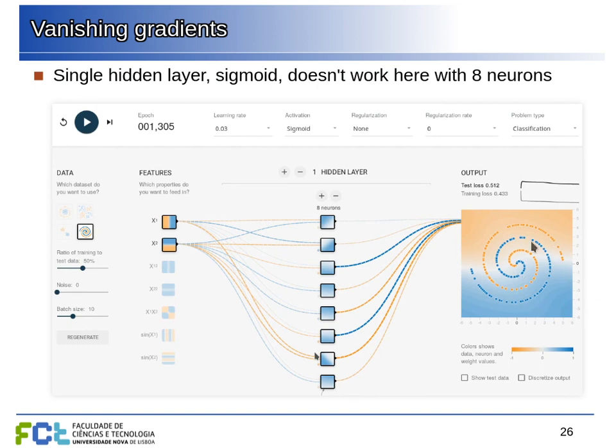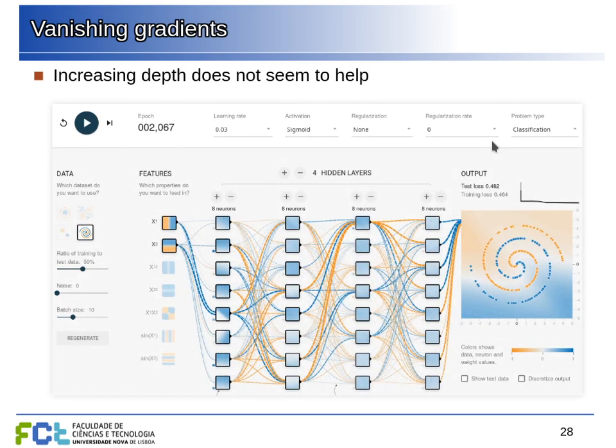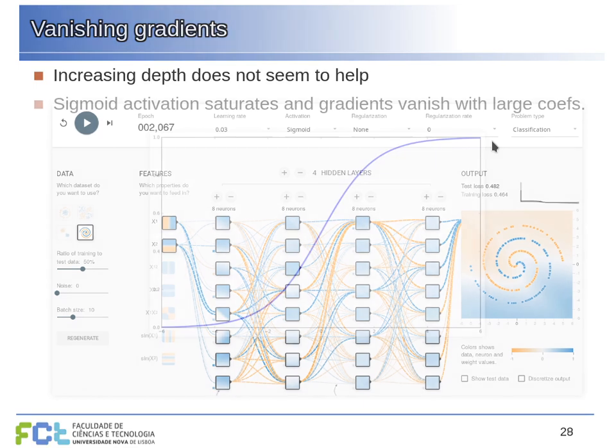This more complex data set doesn't work well with one hidden layer, but if you increase the depth and add more hidden layers, then training starts to slow down very much, and it doesn't seem to be able to solve this problem. So at some point, if we have these kinds of activations that saturate, the derivatives start to approach zero, and the gradient information is no longer propagated properly to the first layers. So training stops because of this.